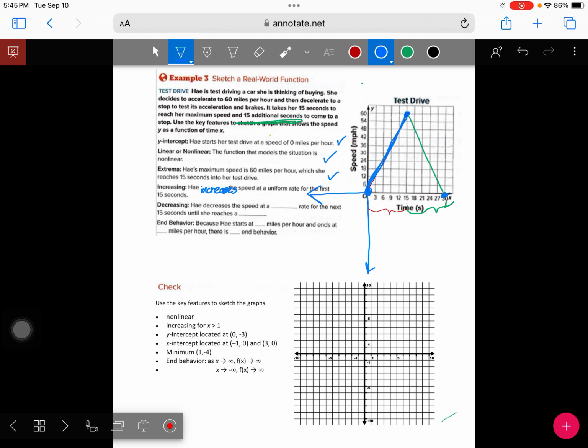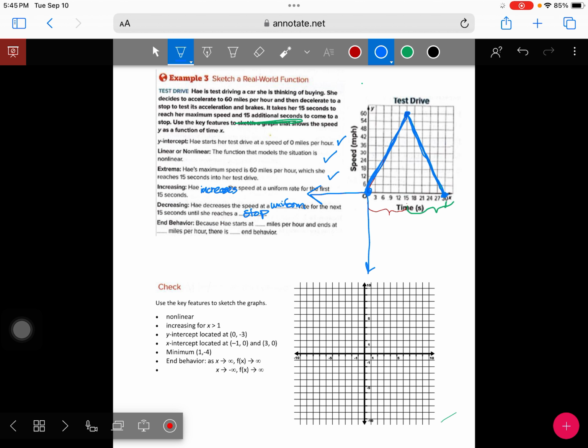Okay. And decreasing. Hay decreases the speed at a blank rate. Well, it looks pretty uniform there for the next 15 seconds until she reaches a stop. Hay decreases the speed at a uniform rate for the next 15 seconds until she reaches a stop.